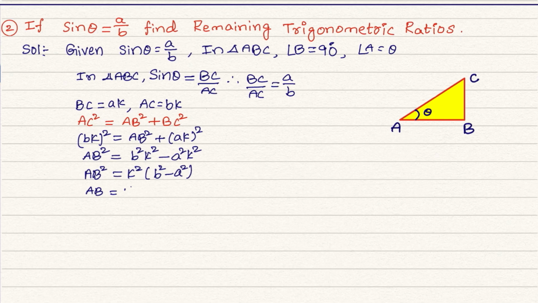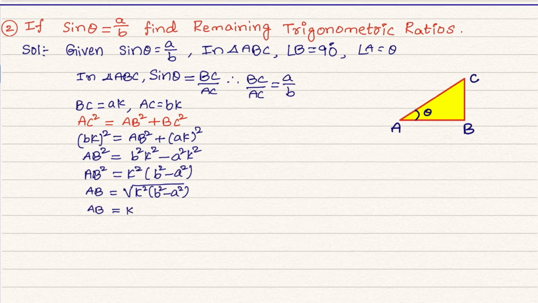AB is equal to root of K square into b square minus a square. Now this k we can take out, so that we get k into root of b square minus a square. This is the value of AB.